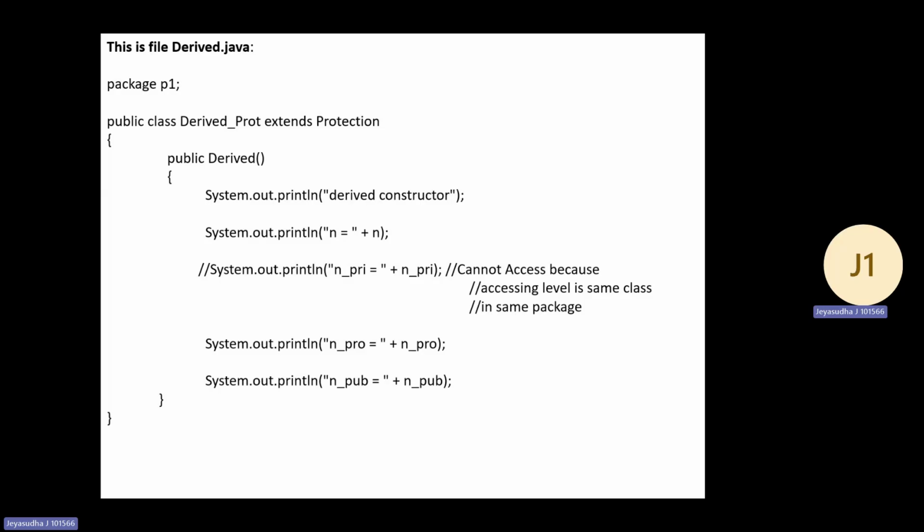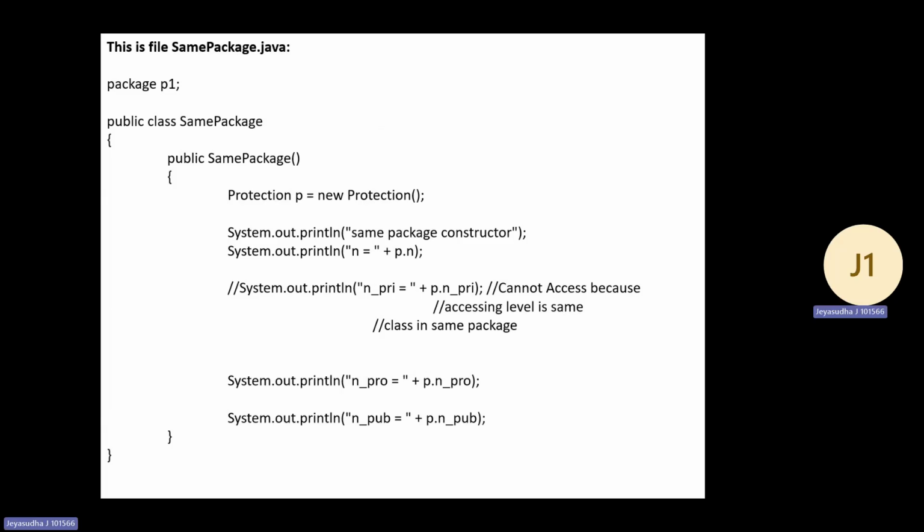This derived class is inheriting the protection class and trying to access all the variables. But you can see the private variable cannot be inherited.